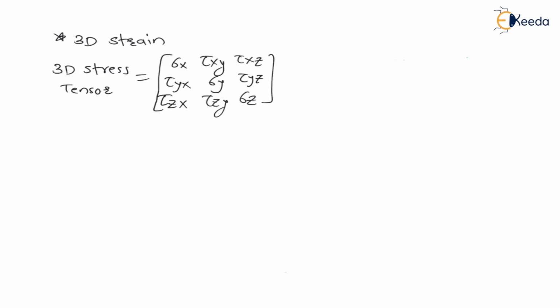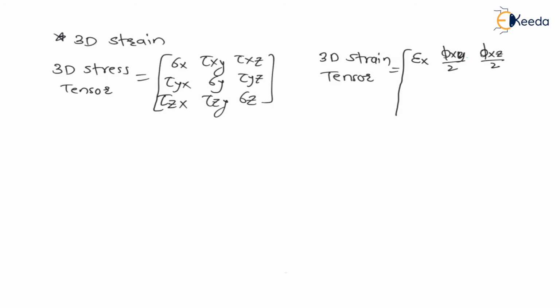Likewise, we can write the 3D strain tensor also. Instead of sigma we have to write epsilon, strain Ex. Instead of tau xy we have to write phi xy by 2, instead of tau xz, phi xz by 2.